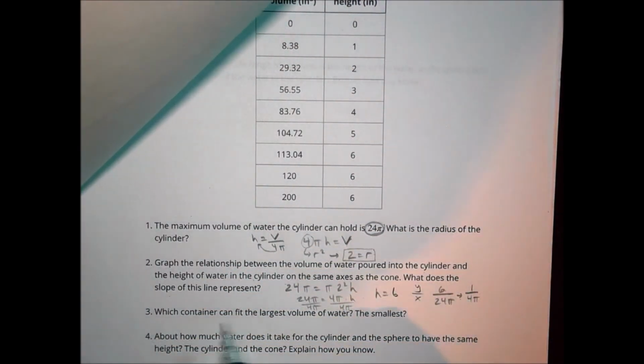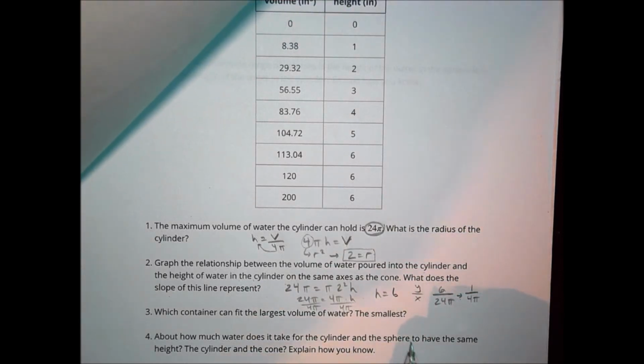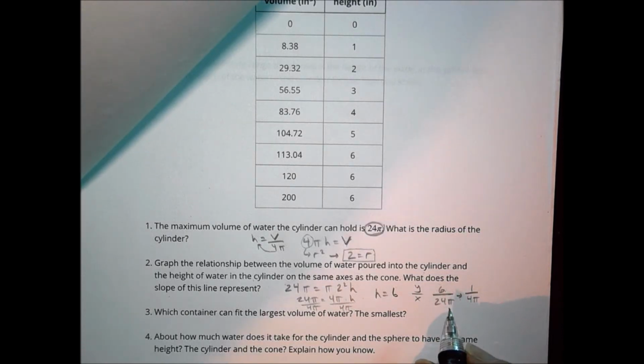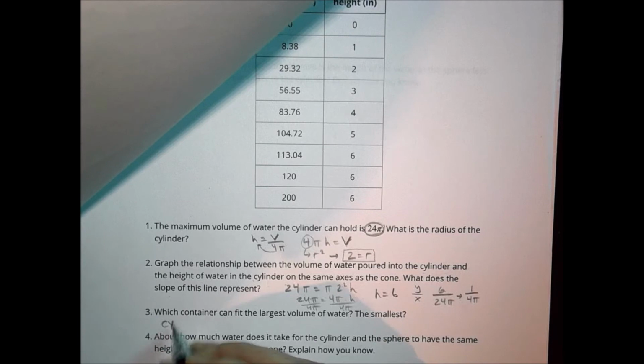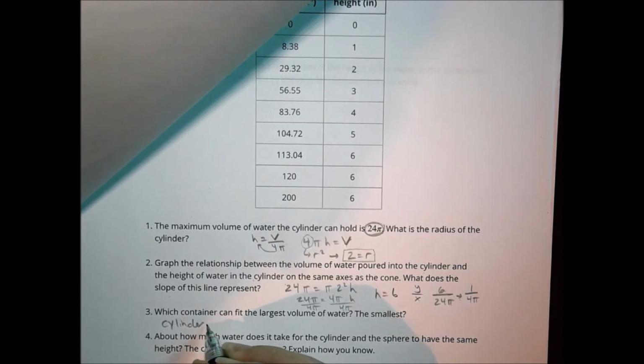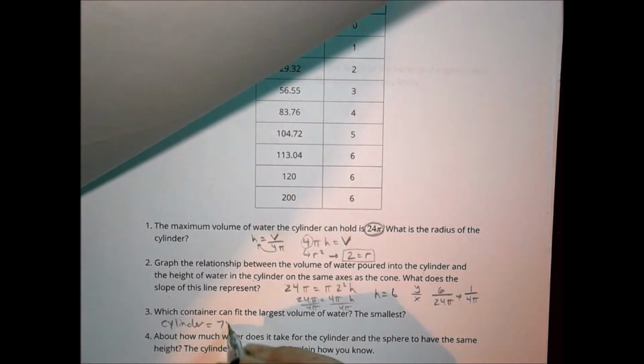Which container can fit the largest volume of water and which one can fit the smallest? Okay. So we're going to compare some sizes here. So our water for the cylinder, the cylinder we just figured out can hold 75.36, right?